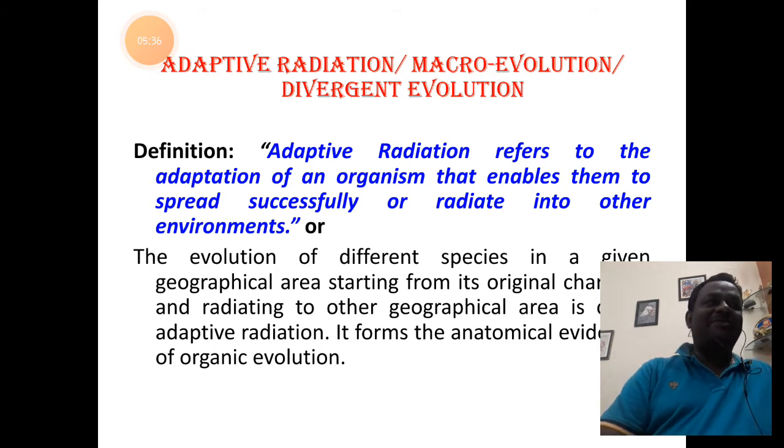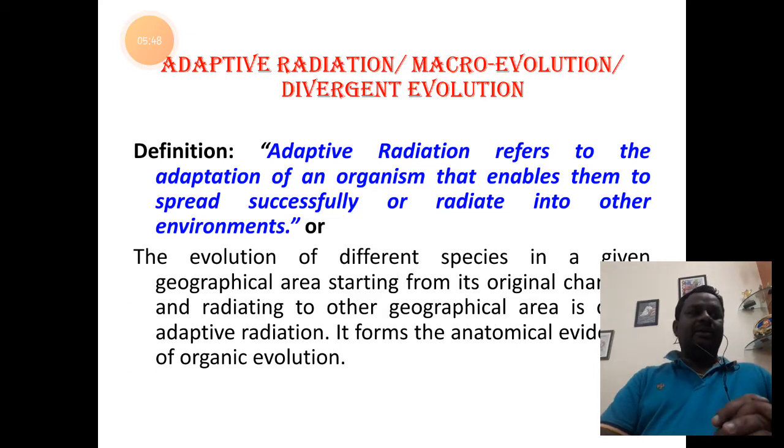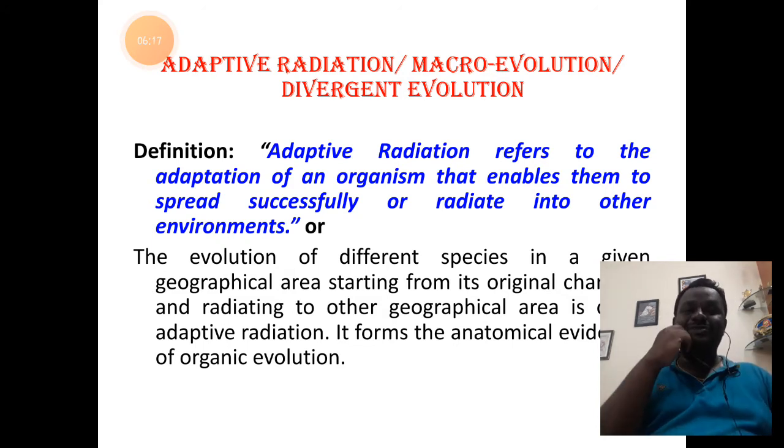Adaptive radiation can be defined as the evolution of different species of organisms in different geographical environments showing the mutational changes or genetic changes which get accumulated and are inheritable, leading to formation of newer species.